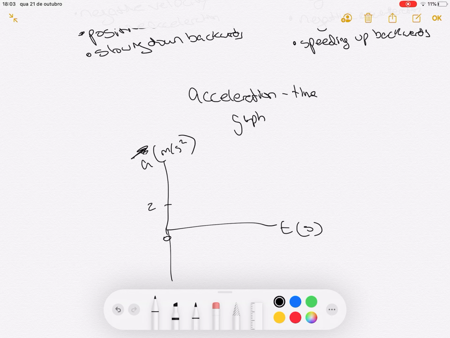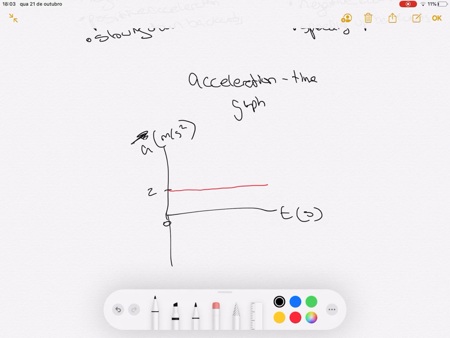So we go to 2 meters per second squared, and then we draw a line like this, because the acceleration isn't changing. It's always 2 meters per second squared. And if the acceleration was negative 3 meters per second squared, then the line would look like this. So unless the acceleration itself is changing, the line will always be straight.